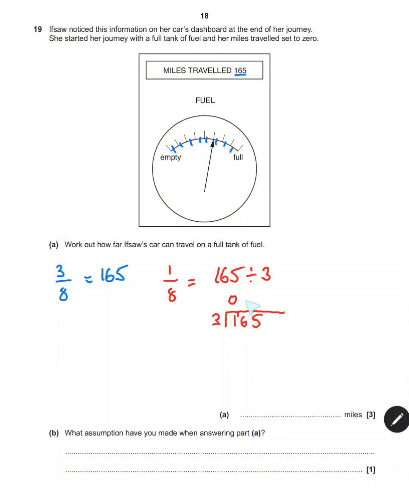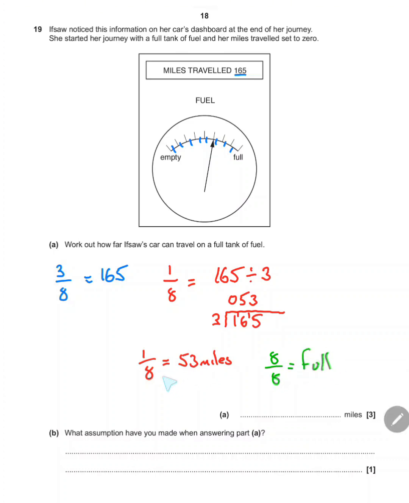Well, 3 6's are 18. 3 5's are 15. So it would be 5 remainder 1. And 3's into 15 is 3. So what this is saying is 1/8 of the tank is now 53 miles. If I know what 1/8 of the tank is, I can work out 8/8, which is a full tank.